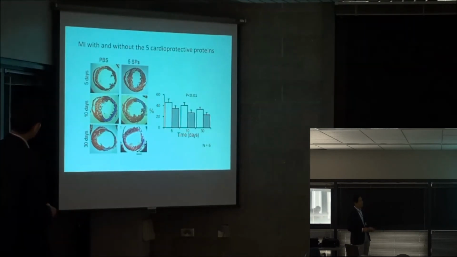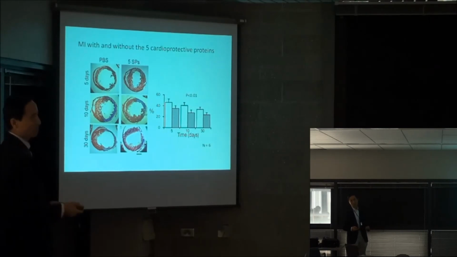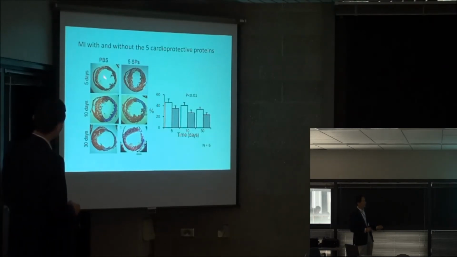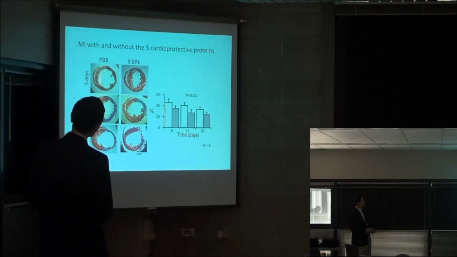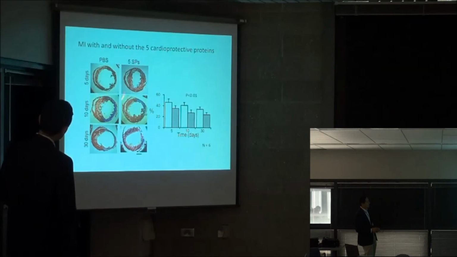The assay we used was orange red and brilliant blue, 2 colors. The orange red dye stains intact, healthy myocardium, and brilliant blue stains collagen, simply fibrosis. The left column shows the PBS control. Each circle is from a heart, from the middle of the left ventricle. The thin layer here is the right ventricle, and this circular part is the left ventricle.